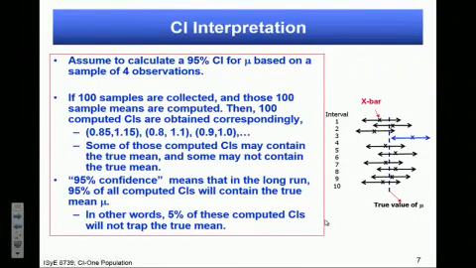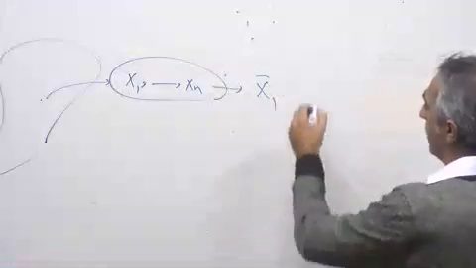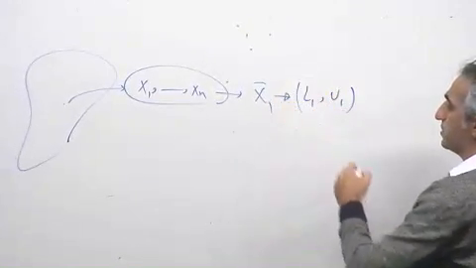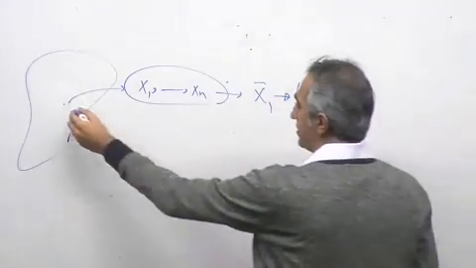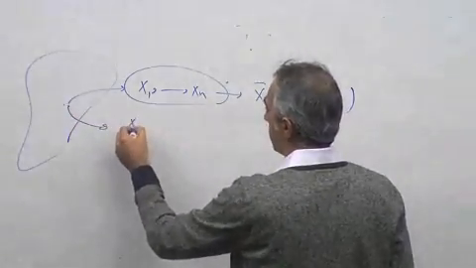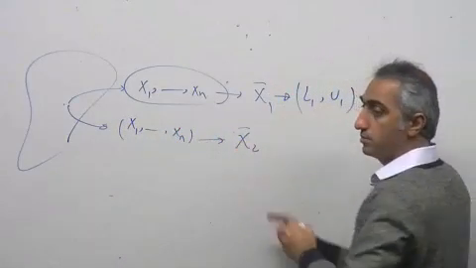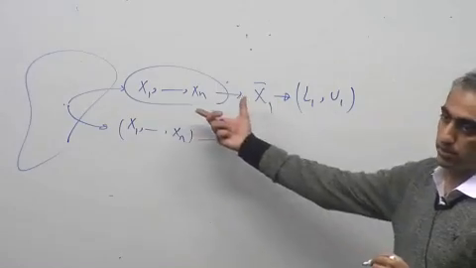Basically, we say if we collect a sample from the population, then from this sample I can get one x bar, and based on that I can find a lower and upper confidence limit. If I repeat this many times, with another sample, I get another x bar. These x bars are different because these are random samples.